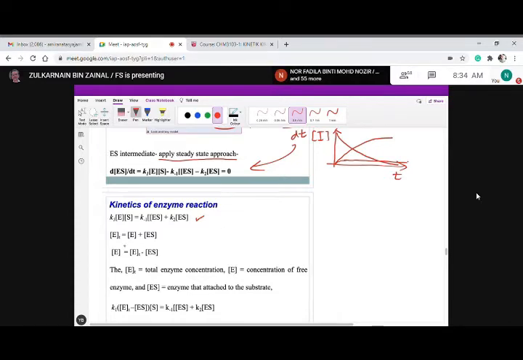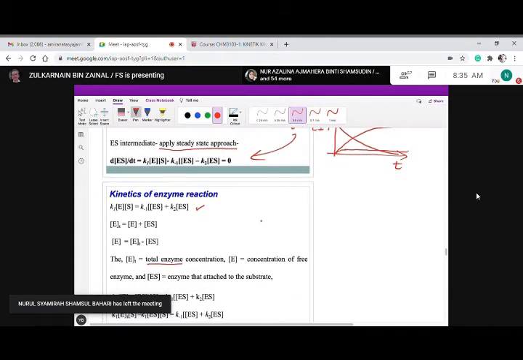And we know that ET is the total enzyme concentration, right? So where do we get the total concentration of enzyme? Well, during the reaction, what happens to the enzyme is that either it is combined with the substrate or it is free in the reaction mixture, right?